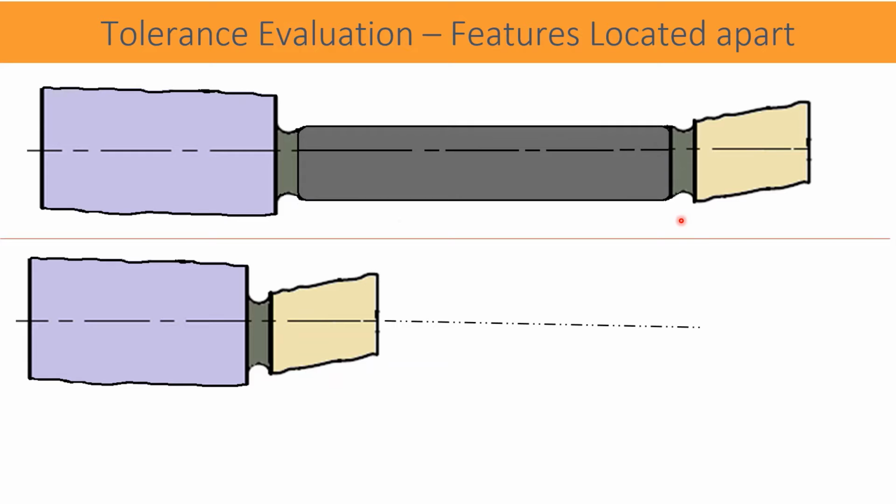All other actual conditions of form and location remain same except the separation distance as shown. To calculate the concentricity, the datum axis is extended to reach the tolerance cylinder. It can now easily be understood that the datum axis will be projected at the constant angle or inclination.